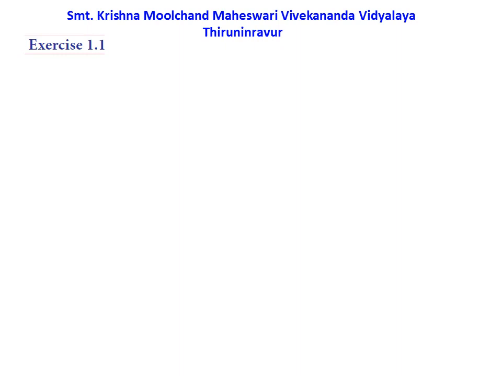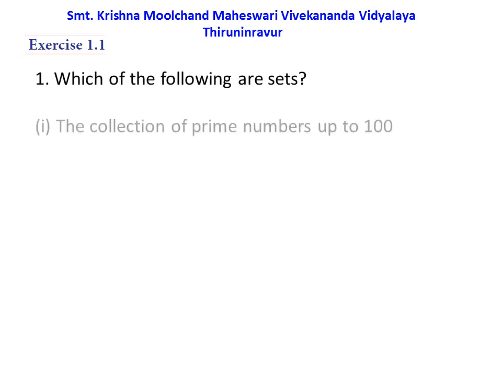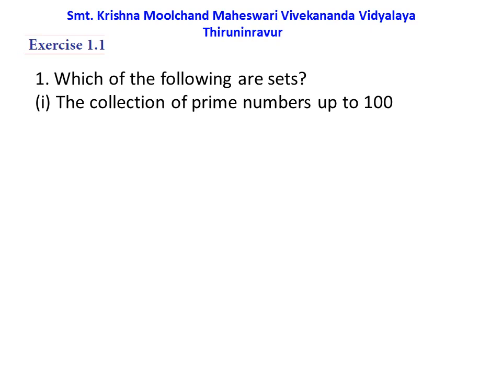Next we are moving to the exercise. Which of the following are sets? The collection of prime numbers up to 100. You know what are prime numbers? A number that is divisible by itself and 1. Those numbers are known as prime numbers.